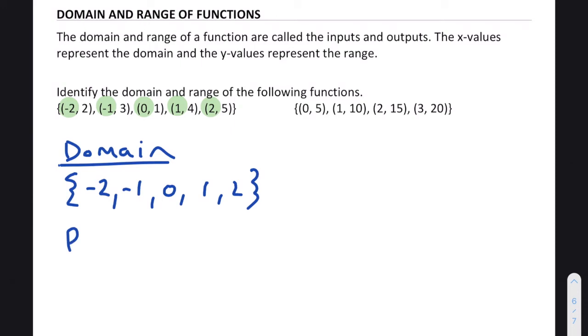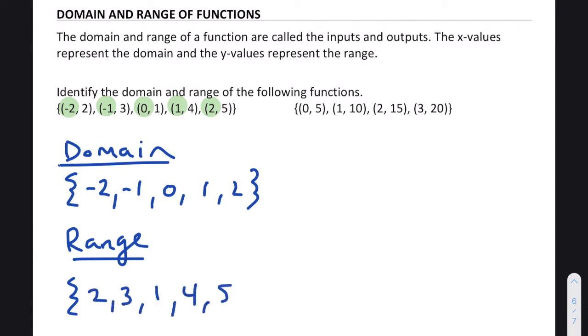And then the range is all the y values. So again, we're going to write a set. So in this case, it's 2, 3, 1, 4, and 5. Okay? All right. The next one, we have domain and range. So the domain, the x values, we have 0, 1, 2, and 3.